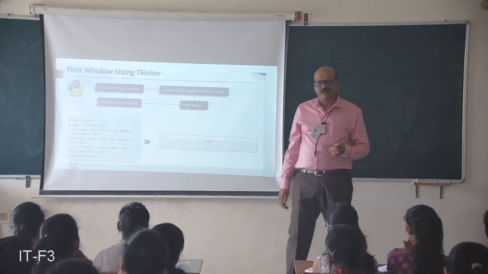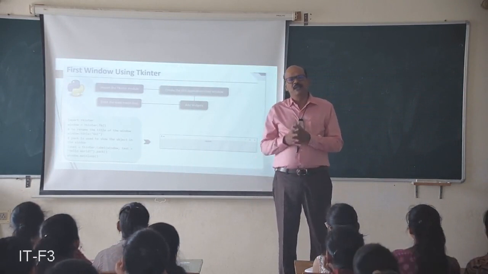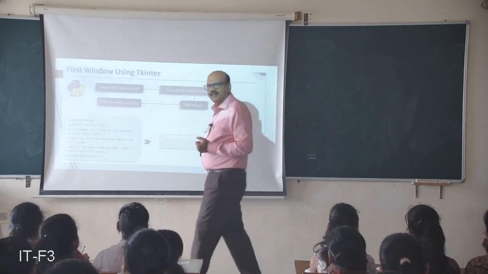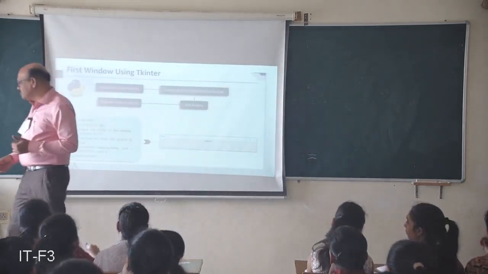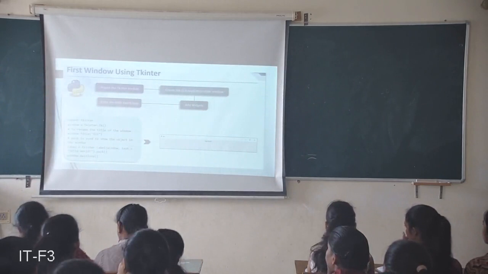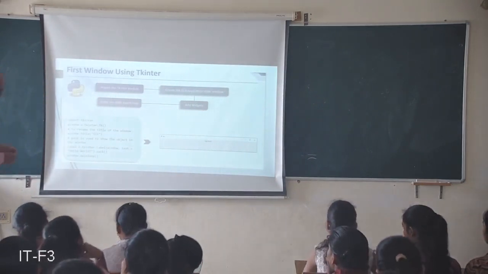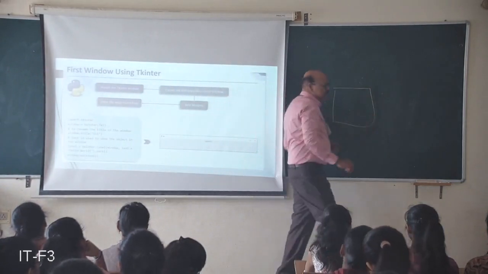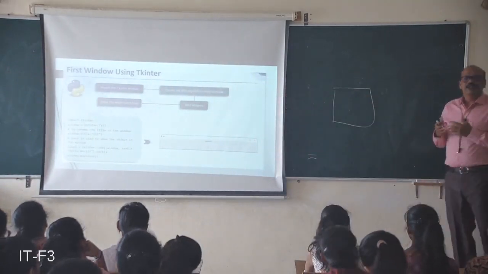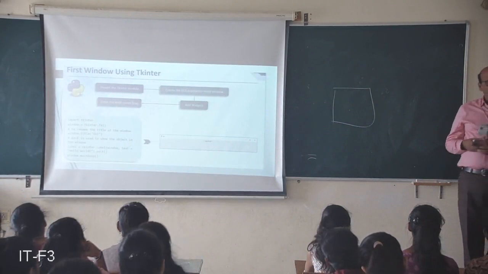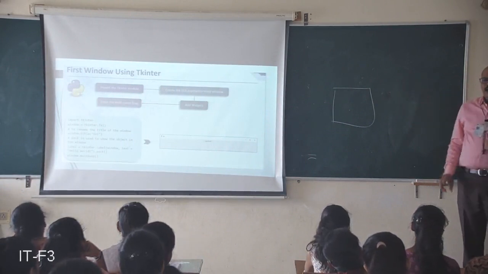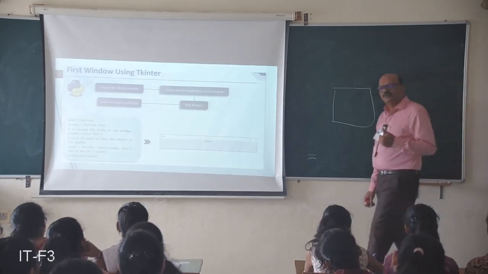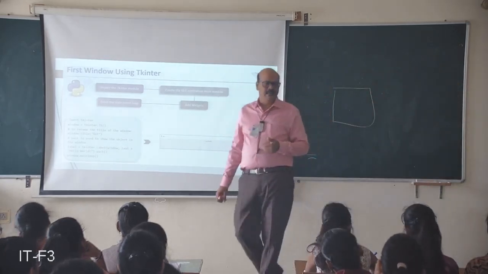Now this pack, we were discussing what we call layout managers. In Java we call them layout managers, but in Python we call them geometric managers. So what is this geometric manager? When you are adding components to a container, for example if this is a window and I want to add some labels, in which orientation, in which direction, in which size you want to add these GUI elements to the container is decided using these geometric managers or layout managers.